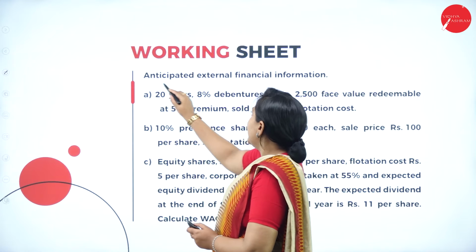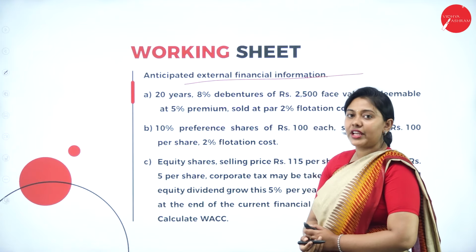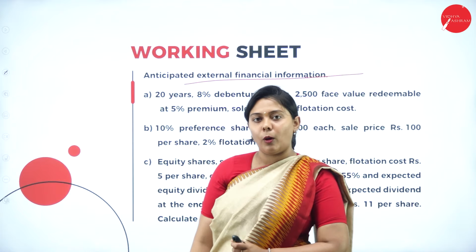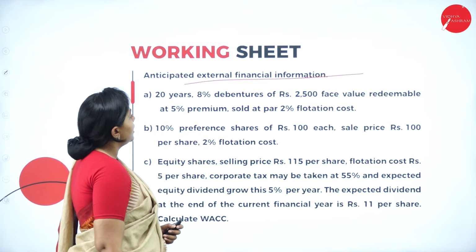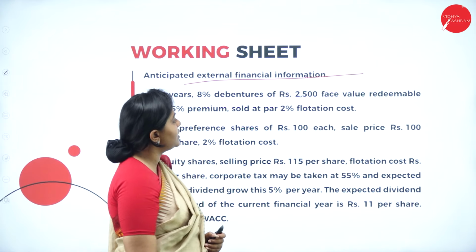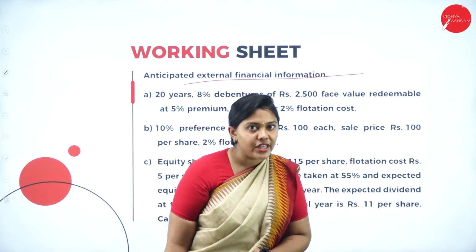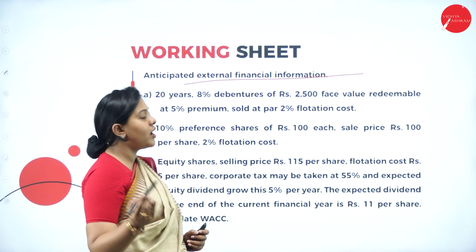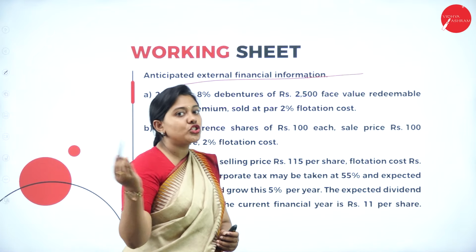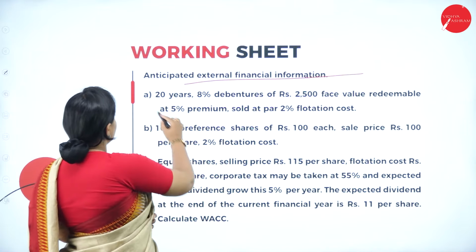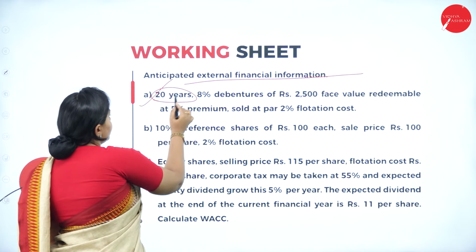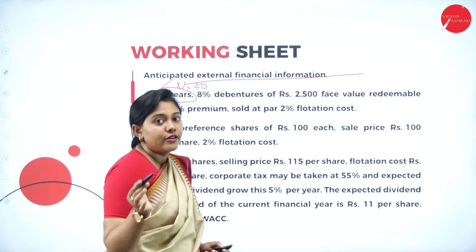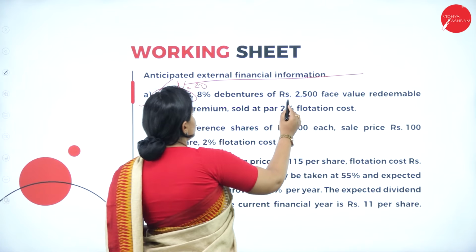Next, anticipated external financing information. So it is all a redeemable problem. 20 years, 8% debenture of rupees 2,500 face value, redeemable at 5% premium, sold at par, 2% flotation cost. So the number of years is 20 years. 8% debenture on 2,500.